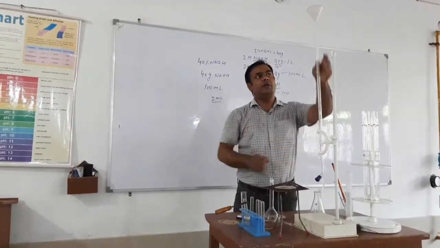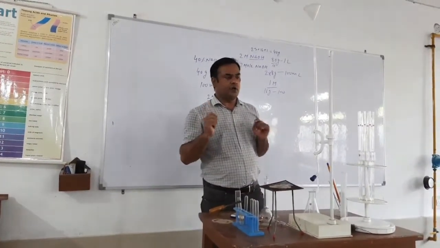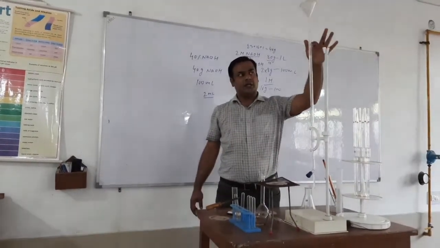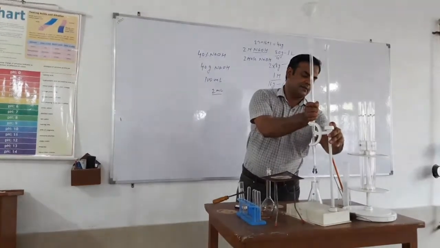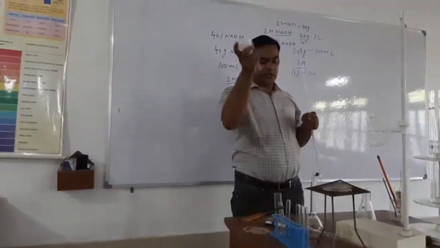While filling liquid inside the burette, we have to remember certain precautions. The first precaution is, when we fill the liquid in the burette, we should take the burette in our hand. You can see this is our burette.